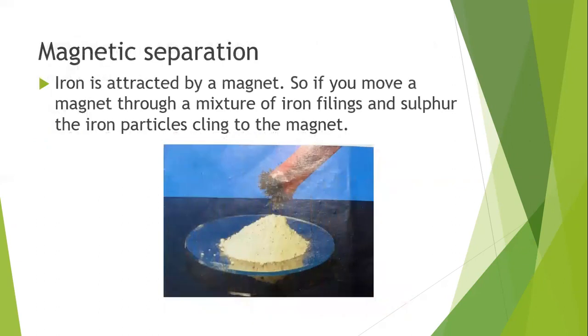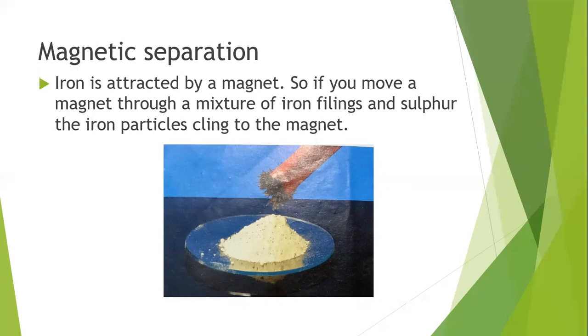Now the next is magnetic separation. Iron is attracted by a magnet. So if you move a magnet through a mixture of iron filings and sulfur, the iron particles cling to the magnet.